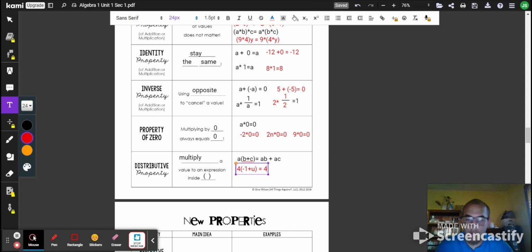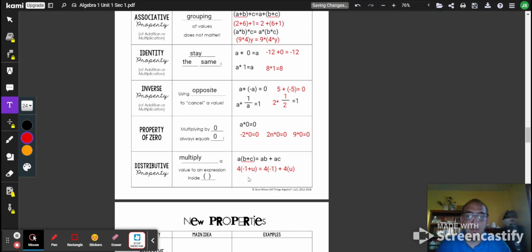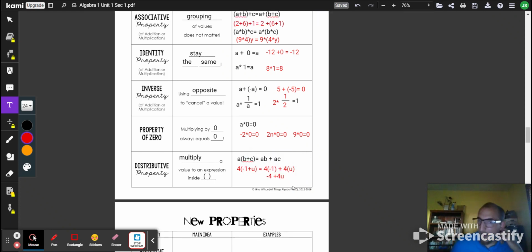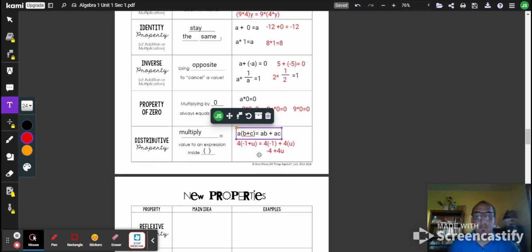So this would be the same as saying 4 times negative 1 plus 4 times U. And then we can simplify that to negative 4 plus 4U. So that's just the simplified version right underneath it. You just got to remember to distribute the A to the B and the A to the C.